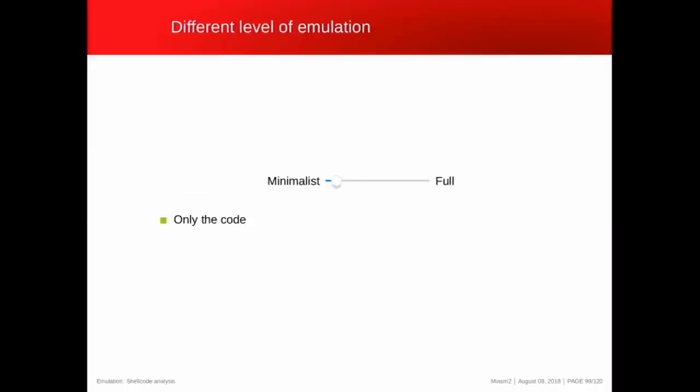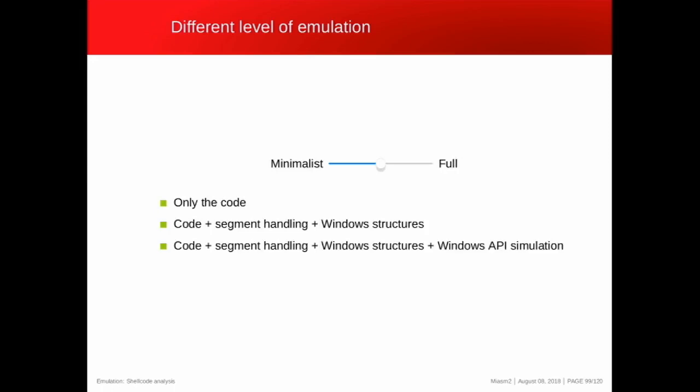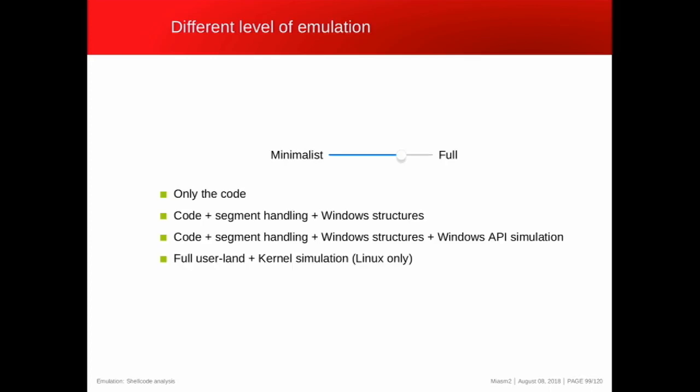So far we've seen emulation from the very minimalist, only the code and maybe a stack, then segment handling, Windows structures, then Windows API simulation. But we can go further. Very recently, we got full userland emulation. That is to say, the full userland runs, and just the kernel is simulated.